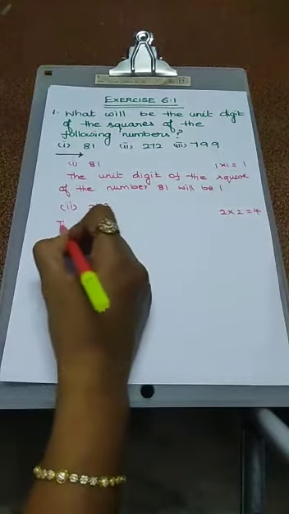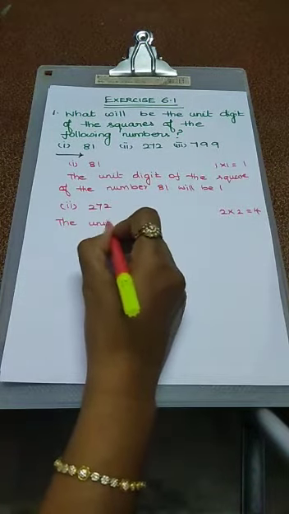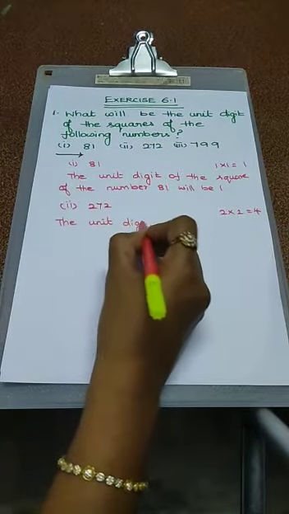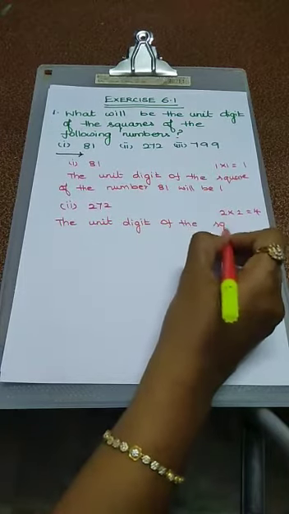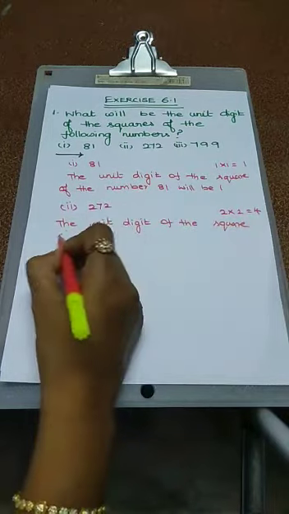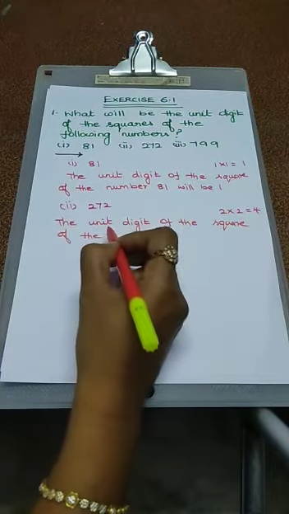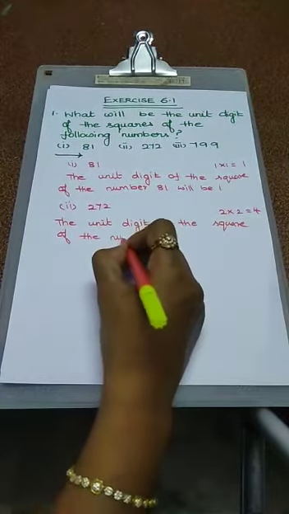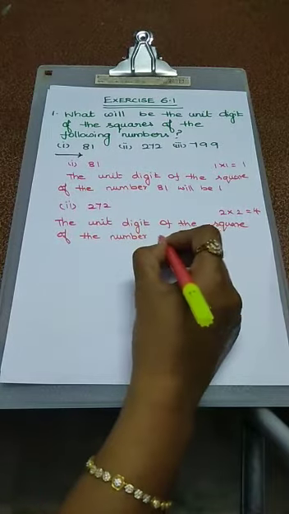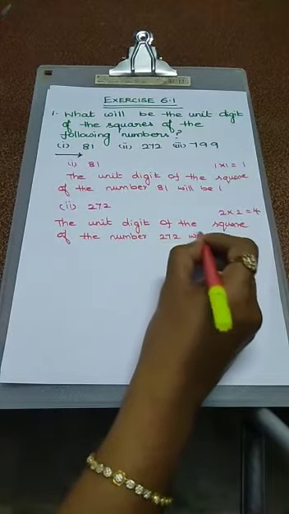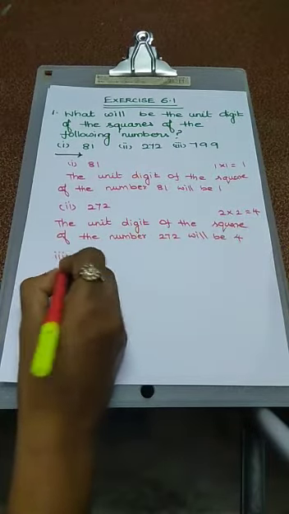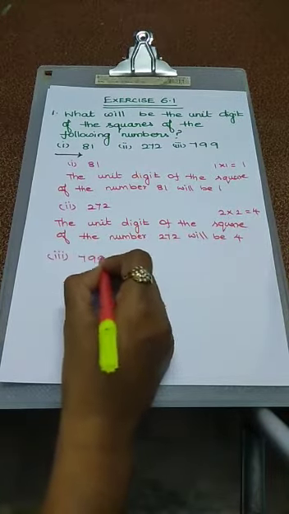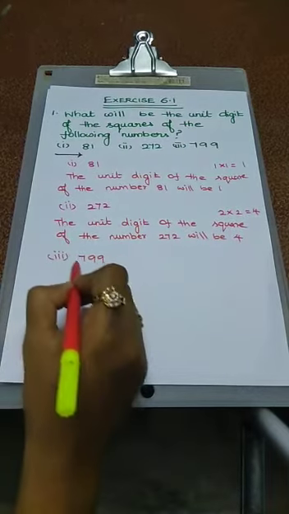So we have to mention it: the unit digit of the square of the number 272 will be 4. The next subdivision is actually 799. You just look at the ending number, that is 9.